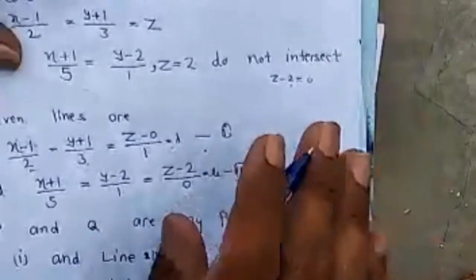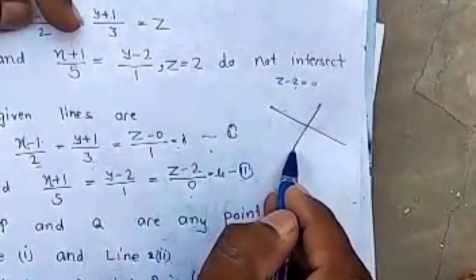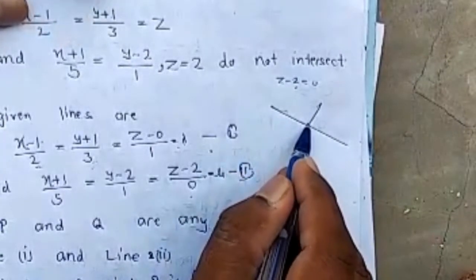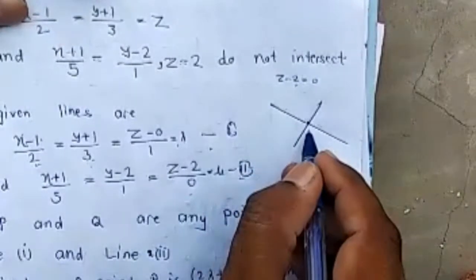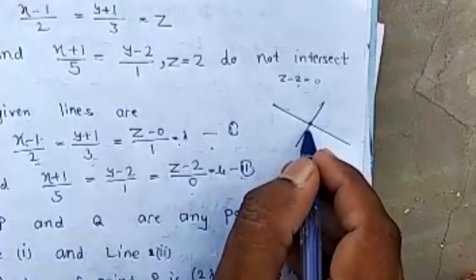Means if these two lines intersect, then for some particular value of lambda and mu we get a fixed point.